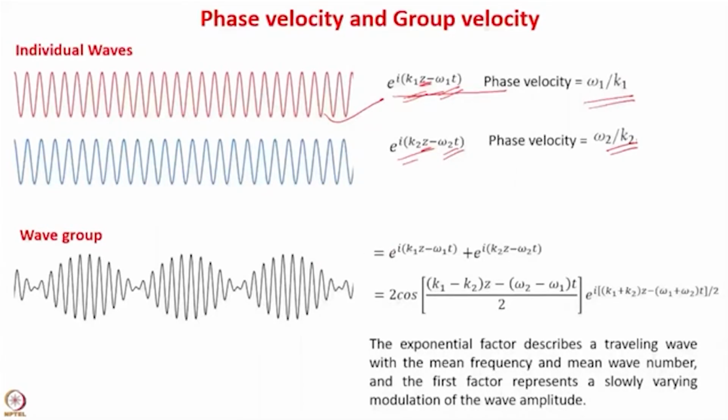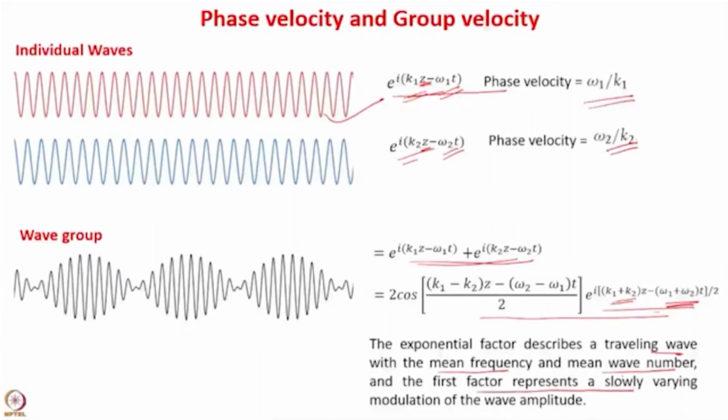The resultant wave can be calculated by taking the superposition of the two waves. We simply add up the two waves and this is the net resultant that we get. Here the exponential factor describes a traveling wave with mean frequency, so the frequency is (omega 1 plus omega 2) by 2, and a mean wave number, so the wave number is (k1 plus k2) by 2.